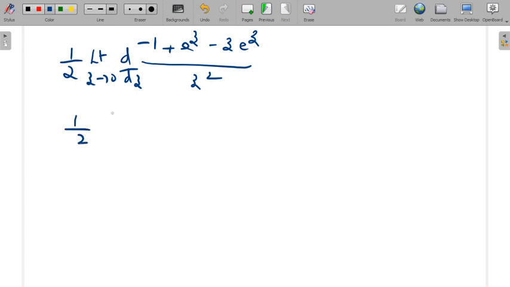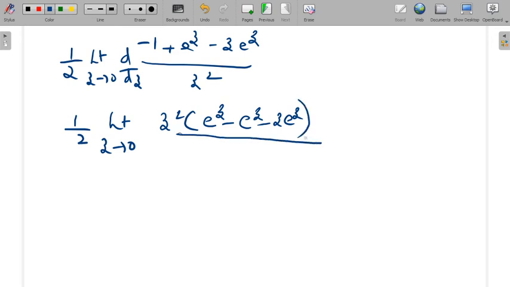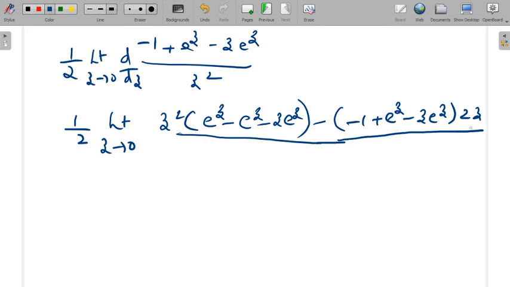So we have 1 by 2 limit z tends to 0, z square into the derivative, which is e raised to z minus e raised to z minus z e raised to z, minus 1 plus e raised to z minus z e raised to z into 2z, denominator into derivative of the numerator, and these two terms come from the product rule applied on this term. So this divided by z raised to 4.